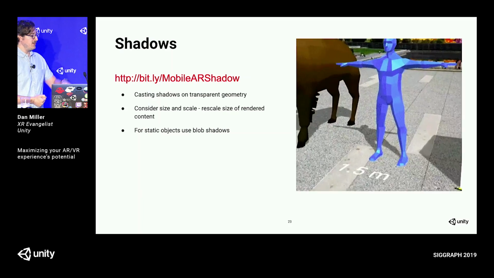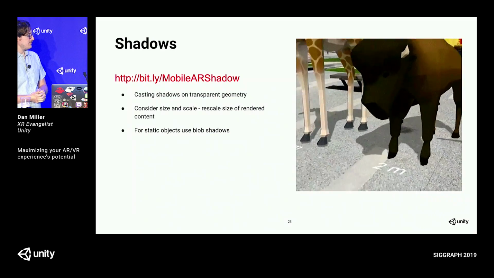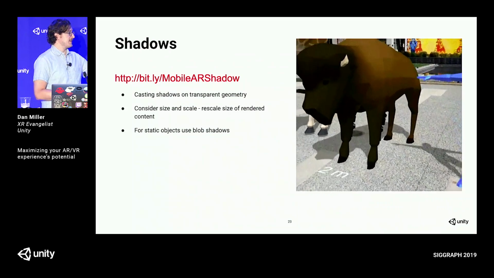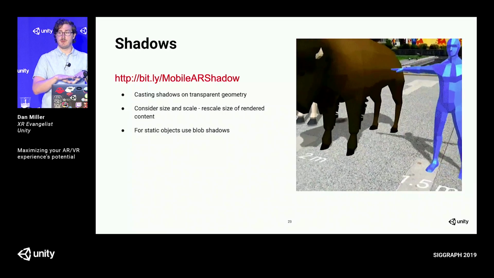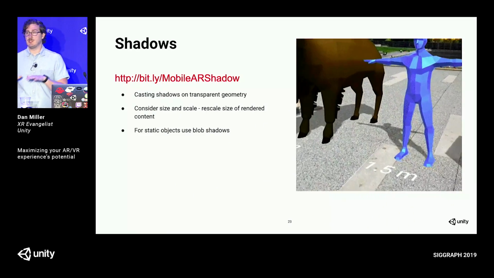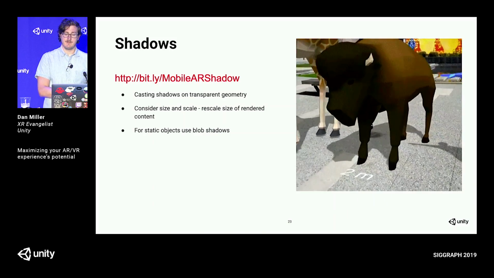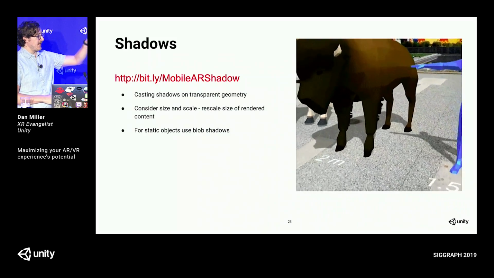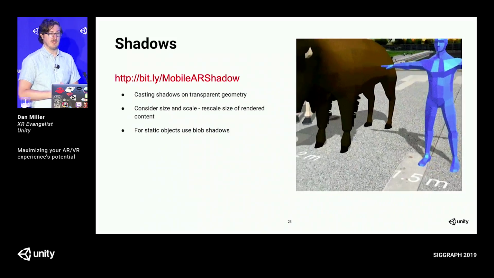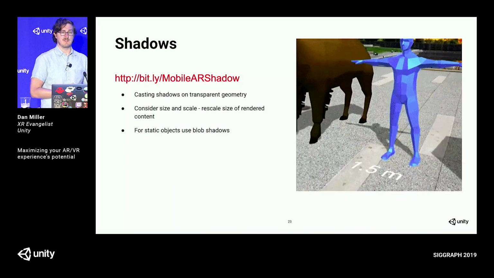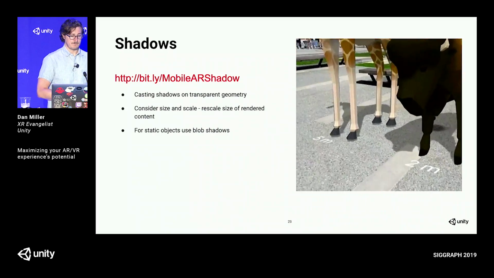What that looks like in Unity is what you're seeing in this small GIF over here, where I have digital content, I've placed a plane underneath them, and I'm using this shader to apply shadows to that transparent plane. Now you can see we're getting accurately shaped shadows around these digital objects, and it really grounds them in the environment much more.